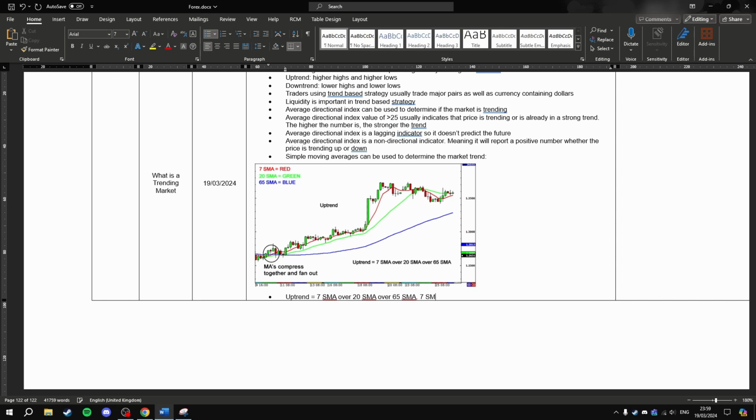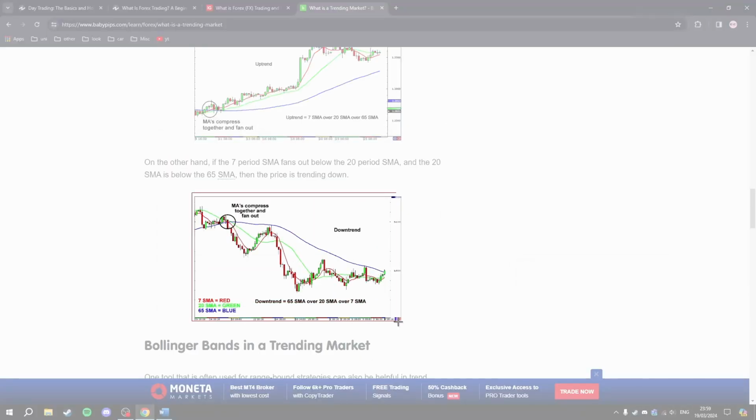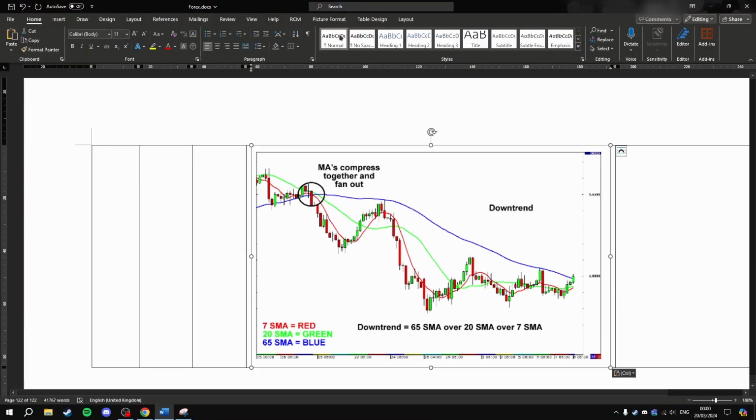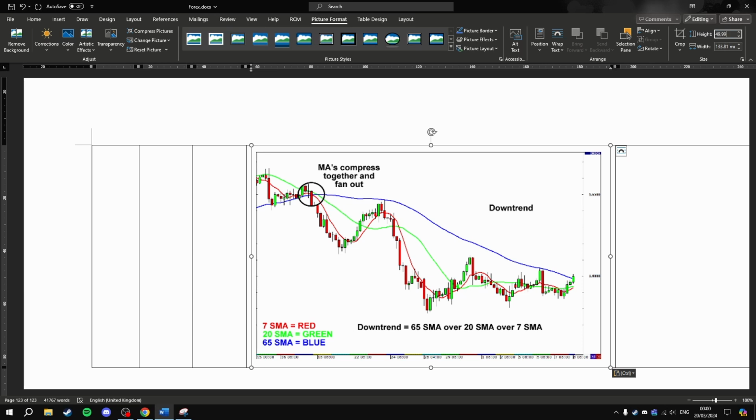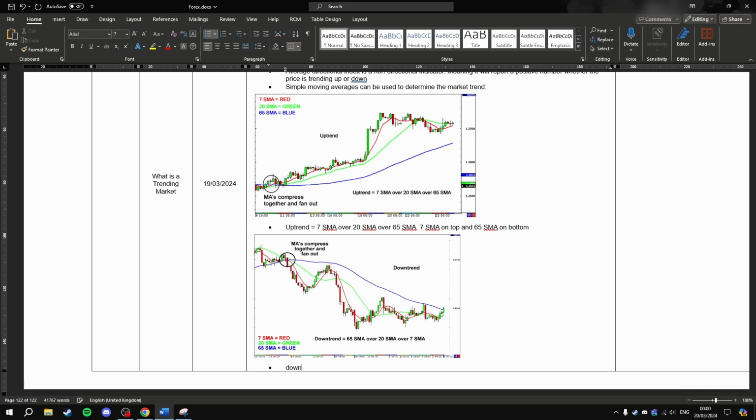So 7 SMA on top and 65 SMA on bottom. And then for the downtrend, it is 65 SMA over 20 SMA over 7 SMA. 65 SMA on top and 7 SMA on bottom.